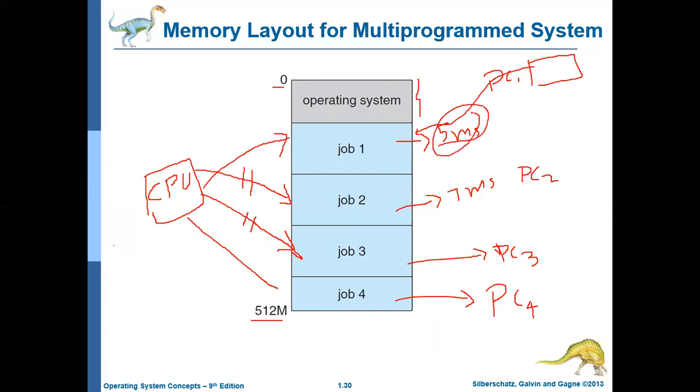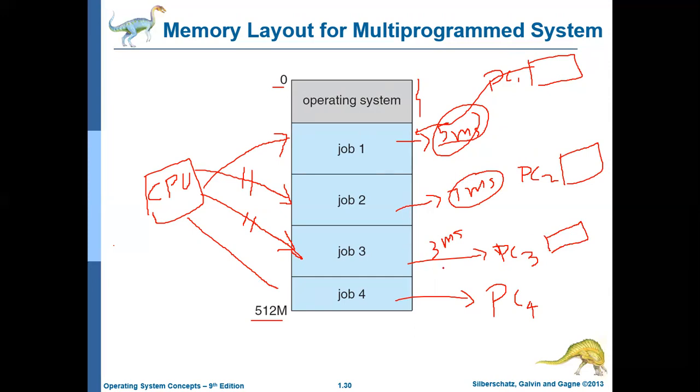Once these 5 milliseconds are over, the processor has to shift to the next job. So it will stop that and check PC2. It will execute the instruction at the value in PC2, and continue for 7 milliseconds. After 7 milliseconds, it will go to PC3, maybe for 3 milliseconds. It will execute whatever address is stored in PC3, fetching the instruction from that location.